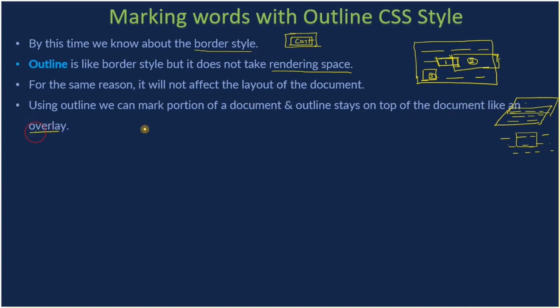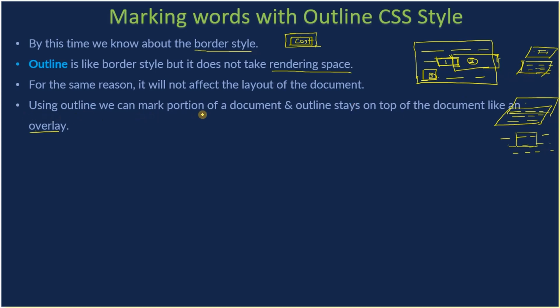So as already told, if you think of it as multiple layers, there will be one outline layer and it will be placed on top of the document without affecting the document flow. So you place your outline in a transparent sheet, and that is displayed exactly over your HTML document.